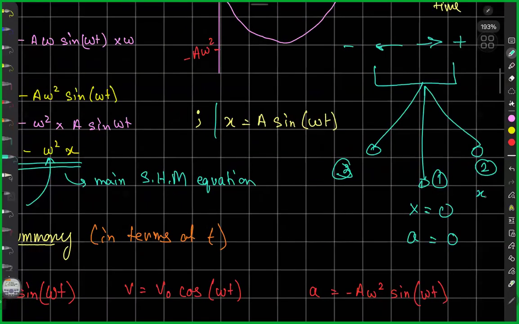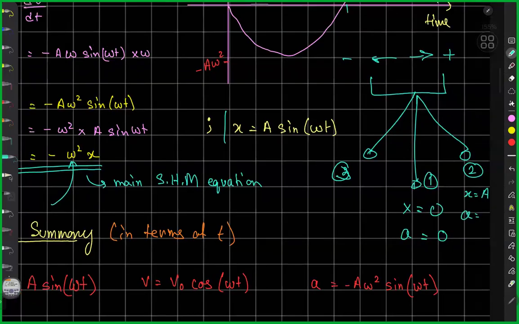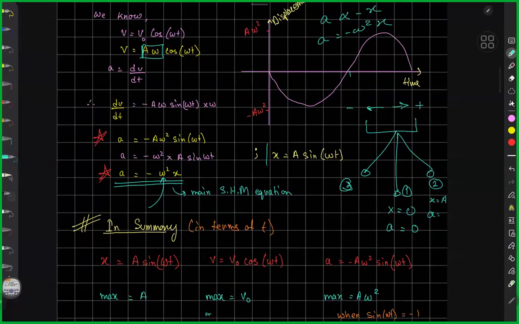X is going to be A, the amplitude, and acceleration is what? Tell me, what is acceleration going to be at the maximum position? Minus, yes, maximum, omega squared A. Accurate.